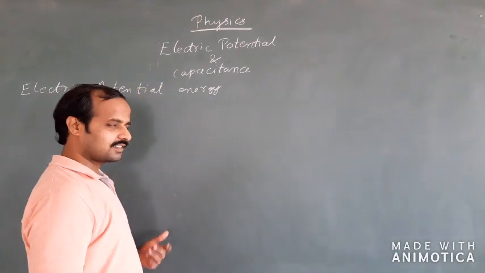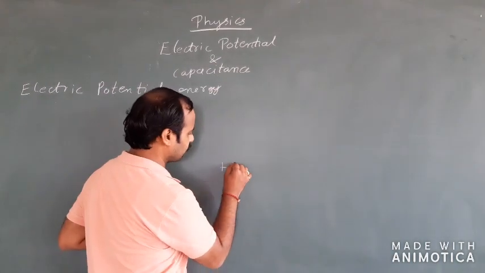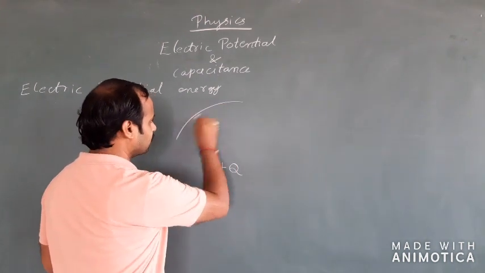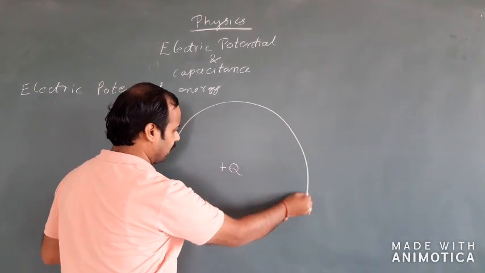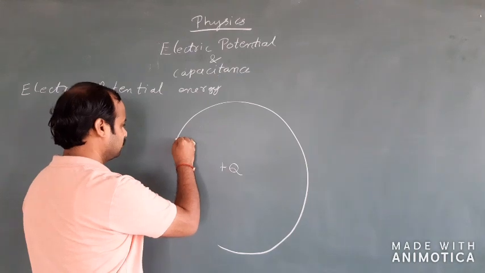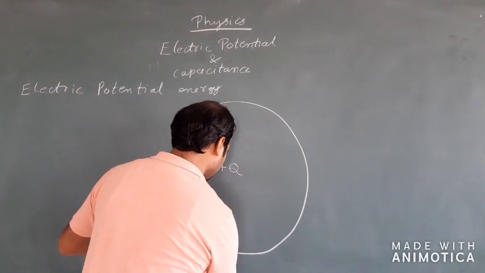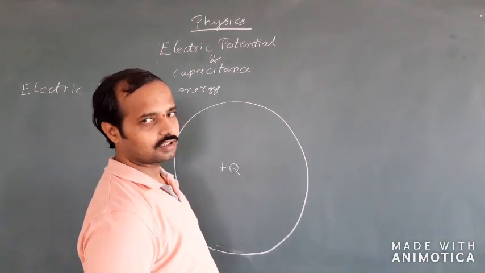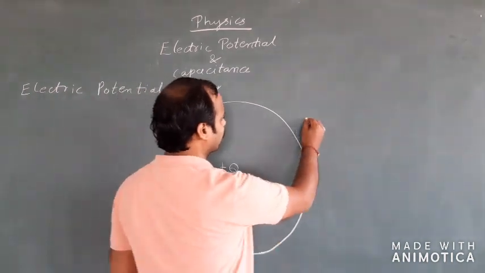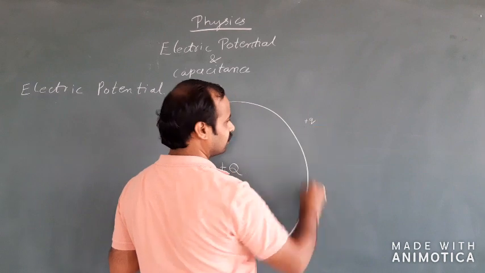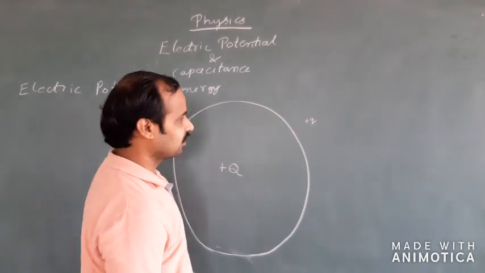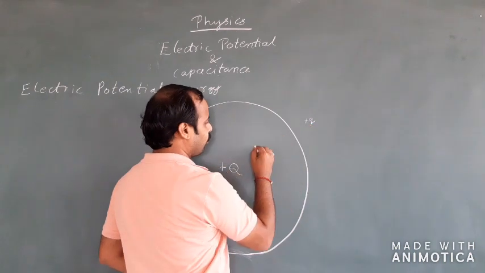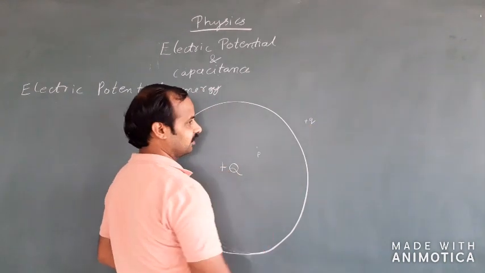To understand this, let us take a source charge capital Q, and surrounding it we have an electric field. Now, to place a test charge into this electric field, I am going to take this unit positive test charge +q from outside the field to a point P inside the field.